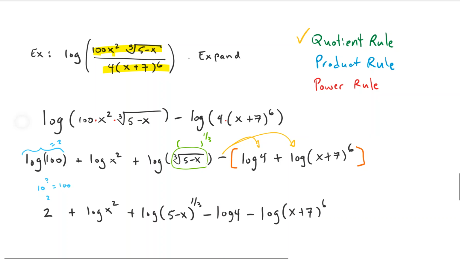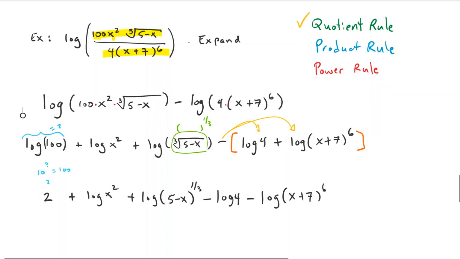We are so close. I believe our product rule days are over. So now we have to use the power rule. And we notice that this can come out front, this can come out front, this can come out front, and we'll be done.